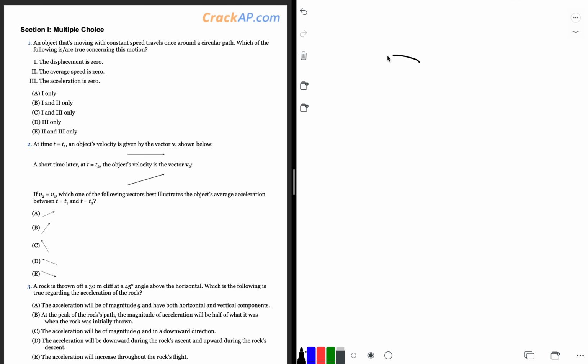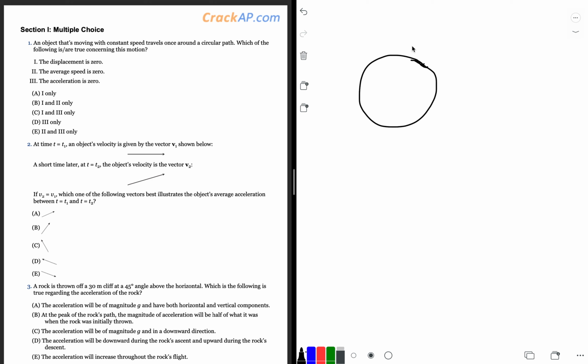So basically, you have a circle. You have an object traveling on a circular path, as shown. The object makes one complete revolution, right? So it travels once around the path. So we know displacement is the final position minus the initial position.